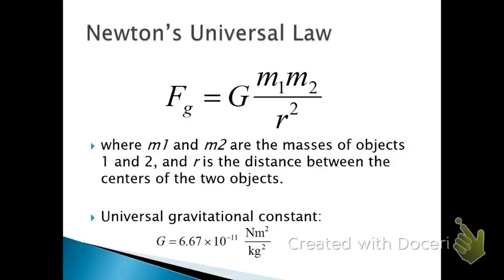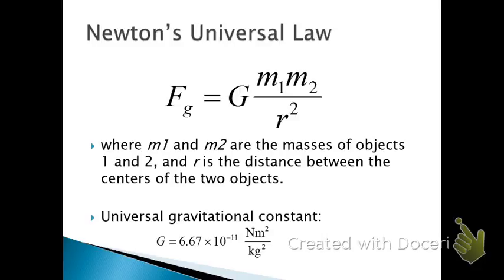To find the force of gravity between any two objects, you'll just take G, which is a constant discovered by Cavendish and lovingly named Isaac Newton's universal gravitation constant. And that big G is 6.67 times 10 to the negative 11 newton meters squared per kilogram squared.